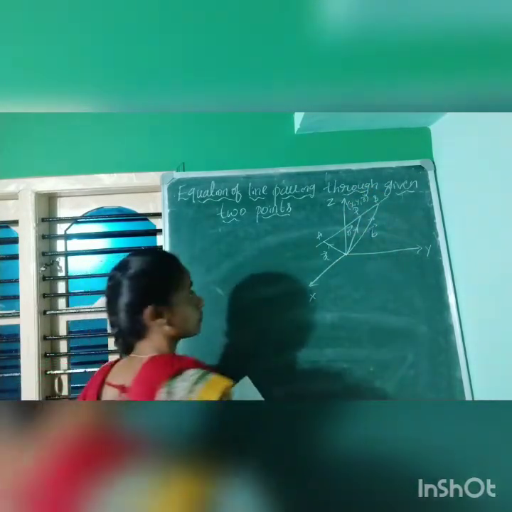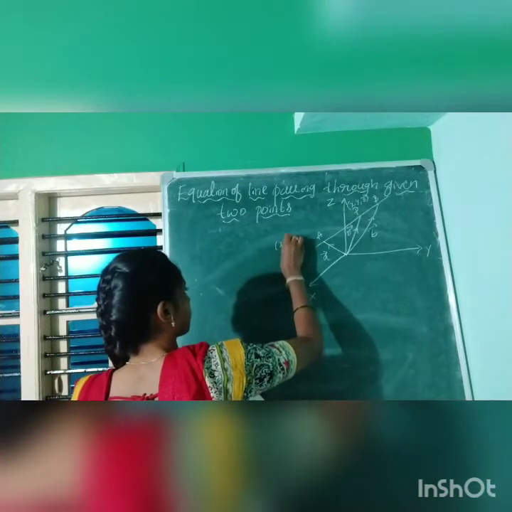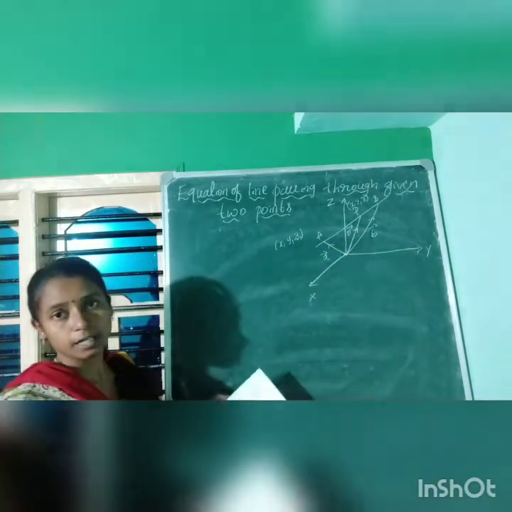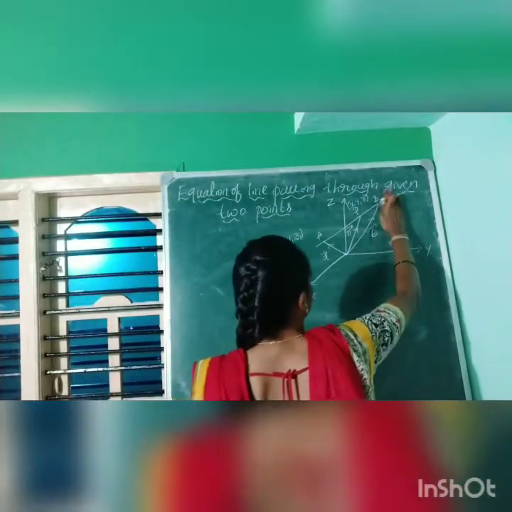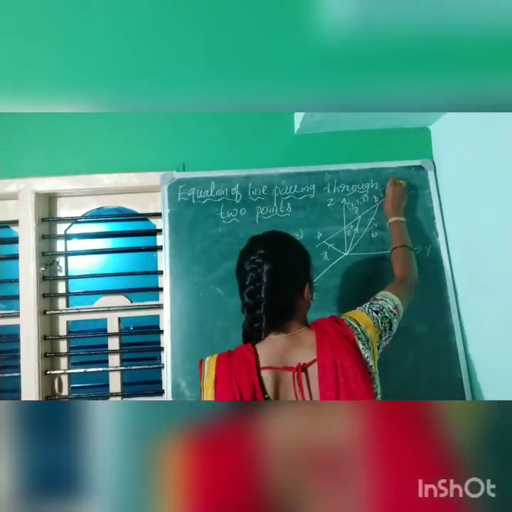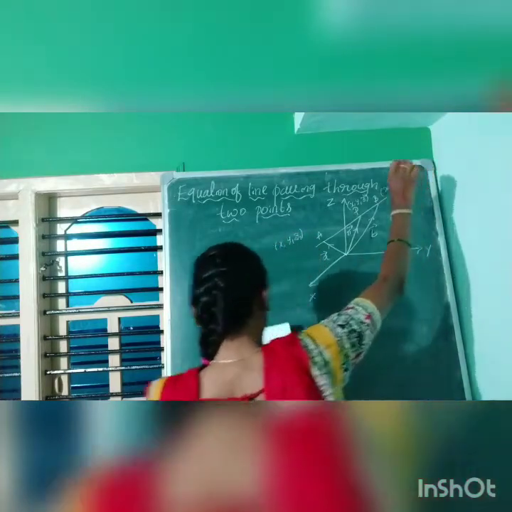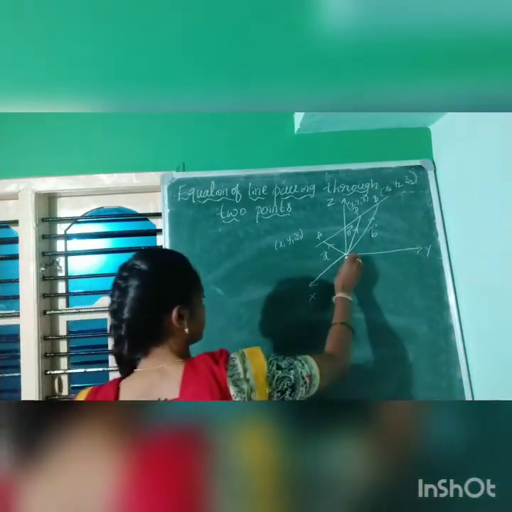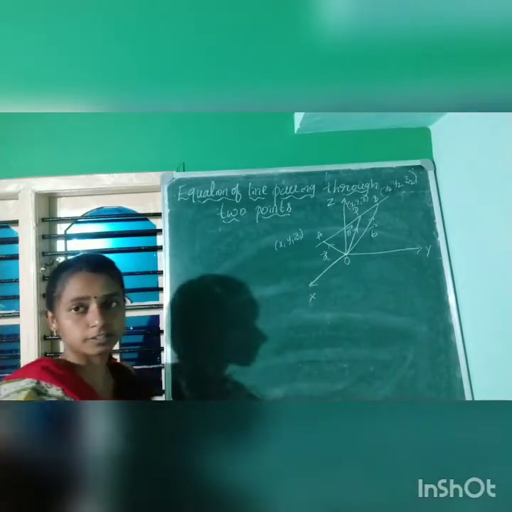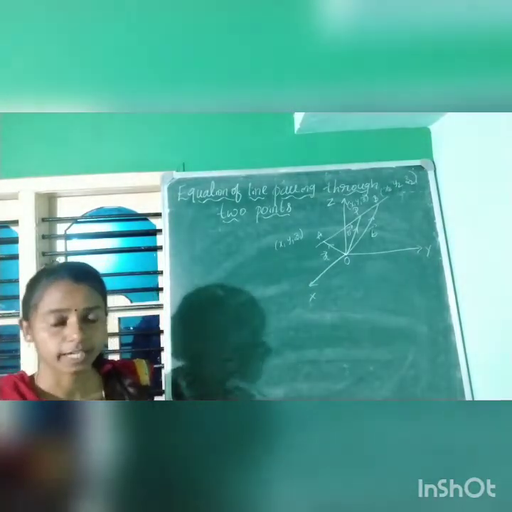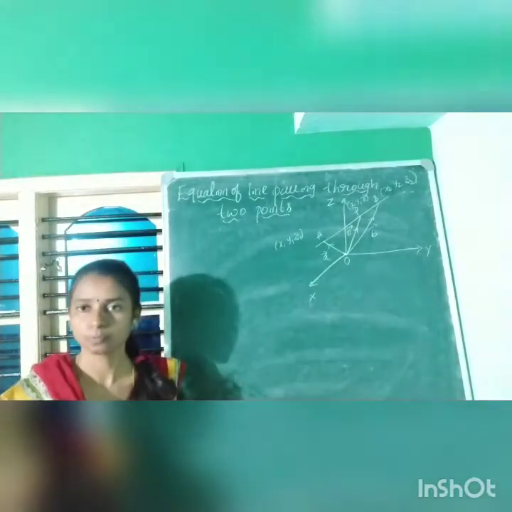Point A is with x1, y1, z1, and point B is with x2, y2 and z2. You just take this as the origin. This is the figure to derive the equation of a line which is passing through given 2 points.